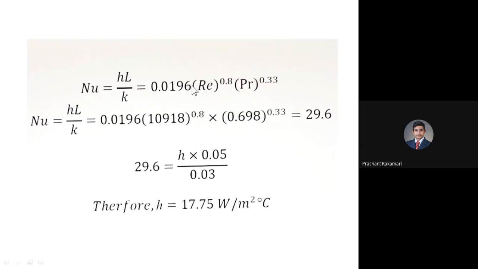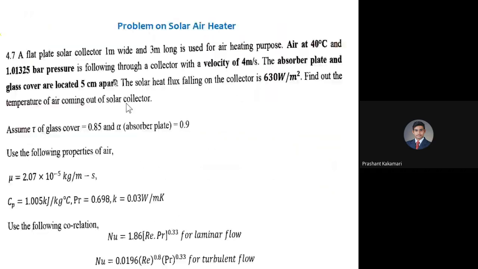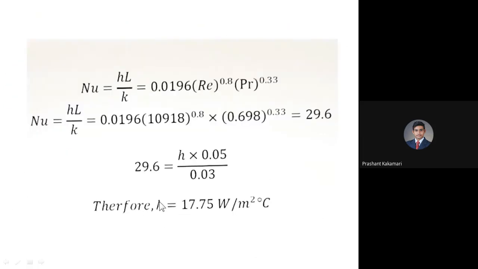L is known to us, we are taking just 0.05. k is the conductivity. So where is that k? The k value is given in the problem. Yes, here it is given. k is 0.03 watt per meter Kelvin. So that k I am substituting here as the denominator, 0.03.